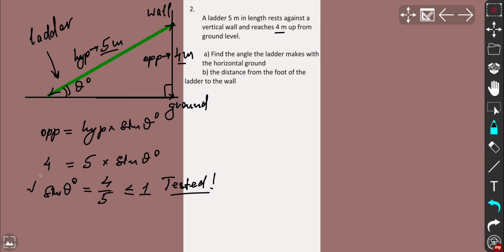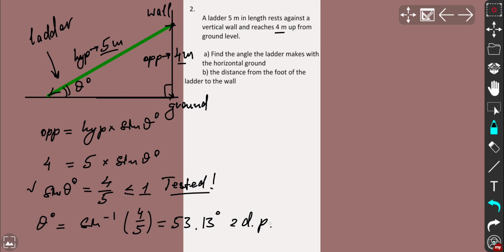So we put a tick, and we use theta as the inverse function of 4 over 5. Make sure you can find it on your calculator. You need to use sine minus 1 of the fraction 4 over 5, and it will give you 53.13 degrees to 2 decimal places.